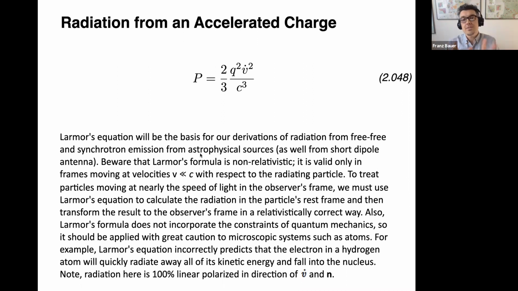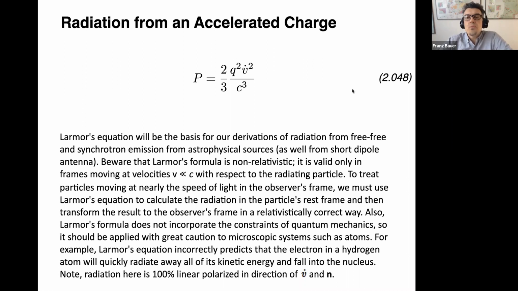Larmor's formula is not relativistic at all, right? We had a very classical derivation of it. And so this really is only valid in reference frames where the velocities are much less than c with respect to the radiating particle.